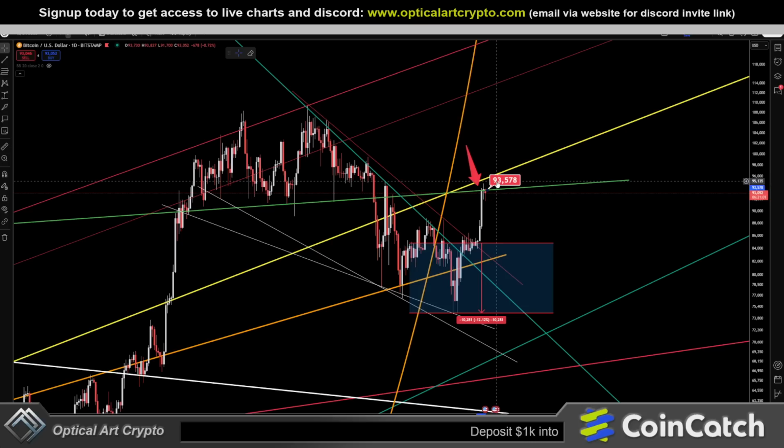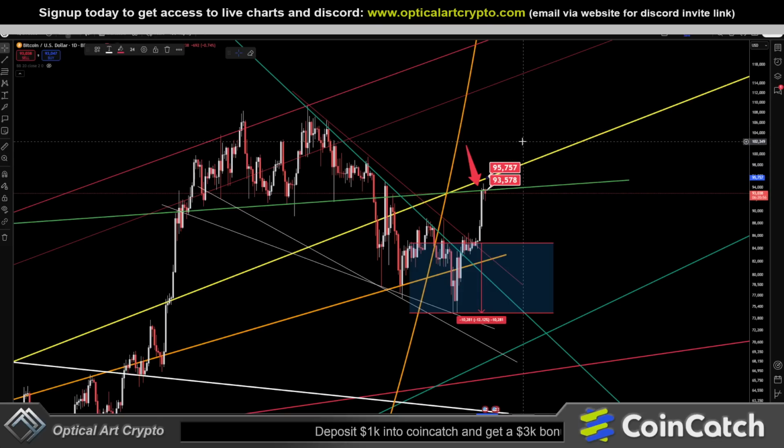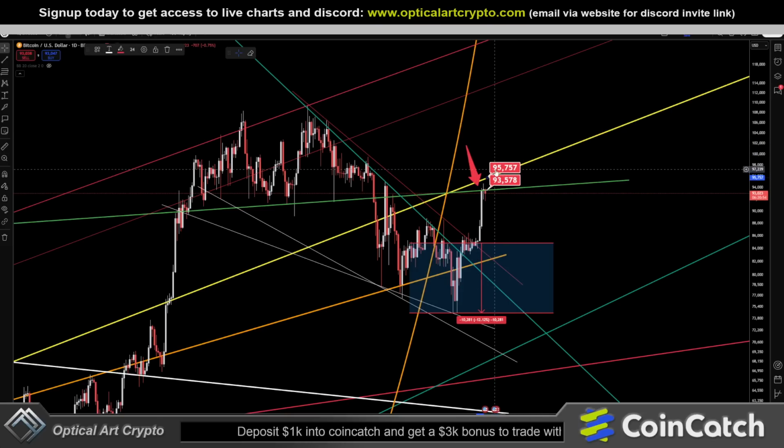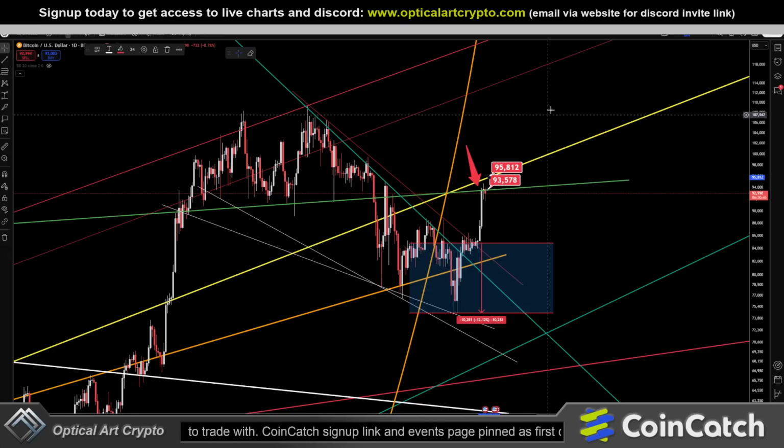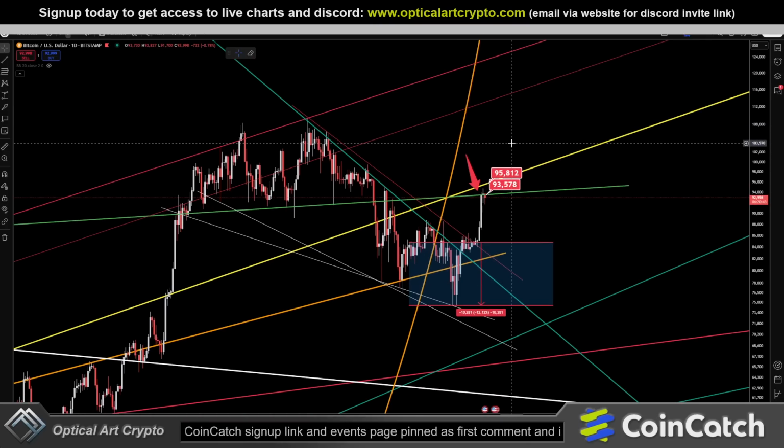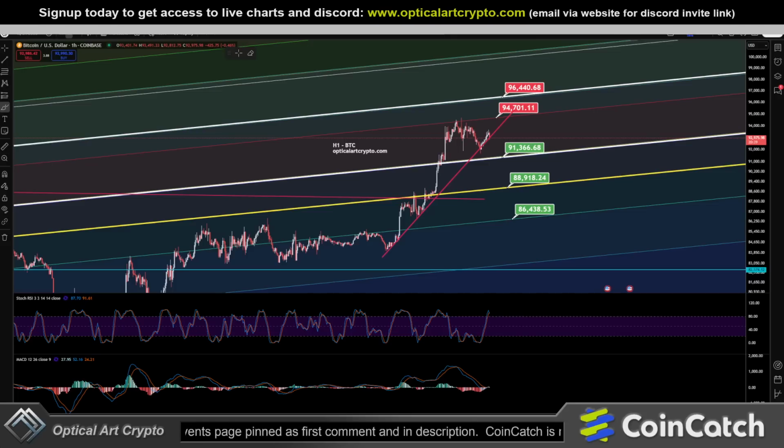If we hold above, do expect to get a rejection around 95,757. If we're above 95,800, let's say holding support on the daily, then I think it's very likely we're headed up to hit some much higher targets. That is where the other chart comes into play, which would be this one right here.